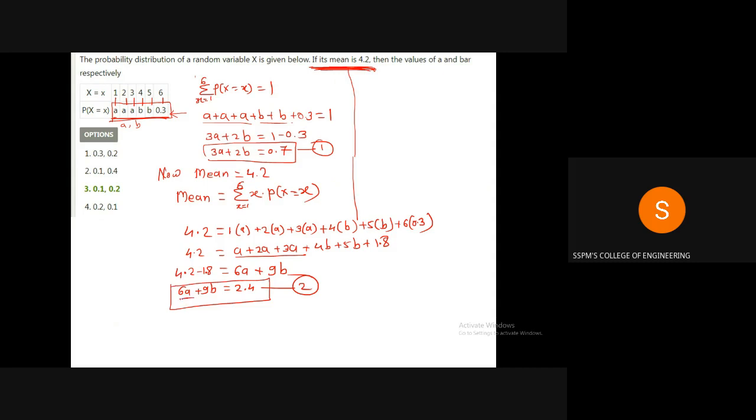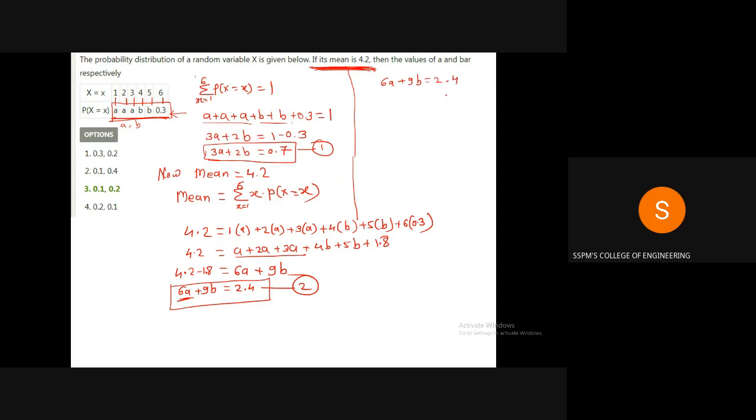So here you can see 6a. We will multiply the first equation by 2.